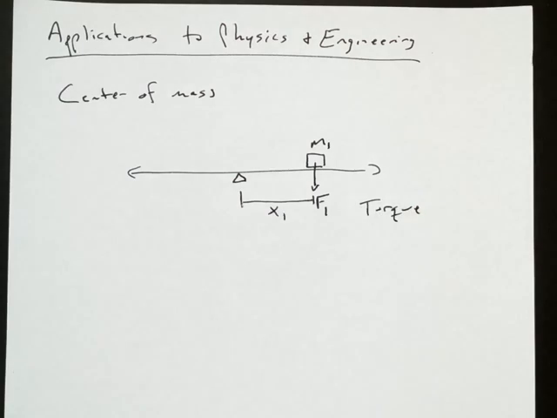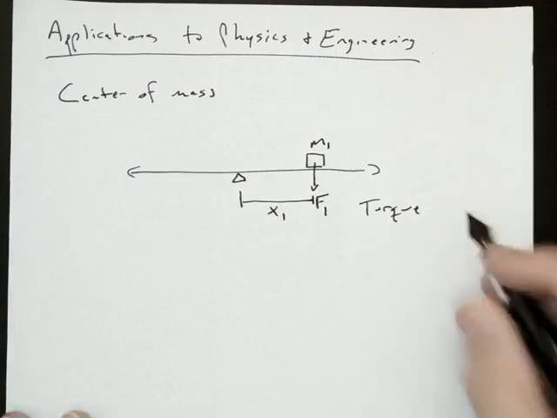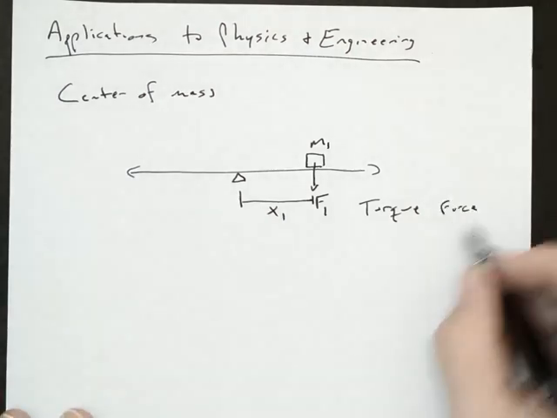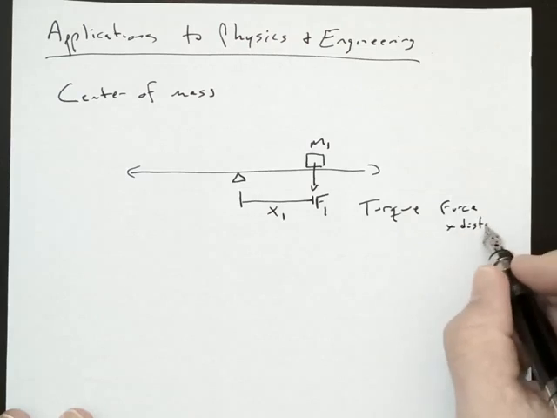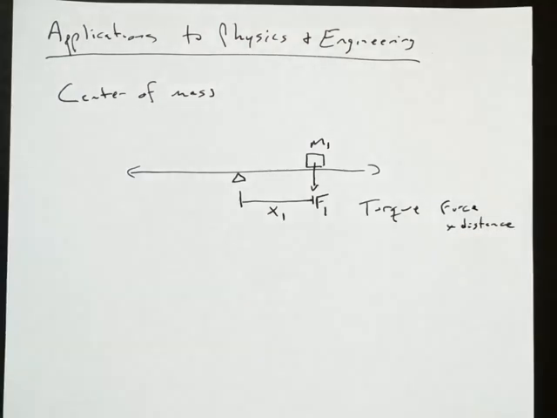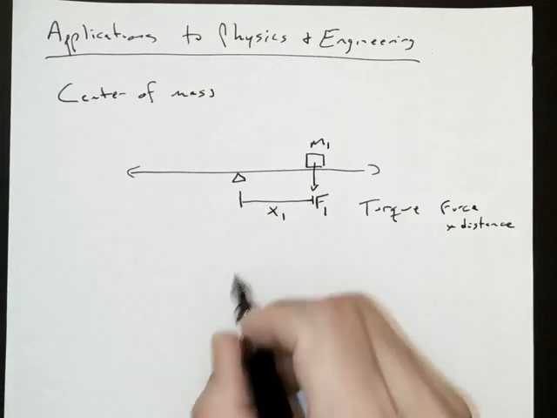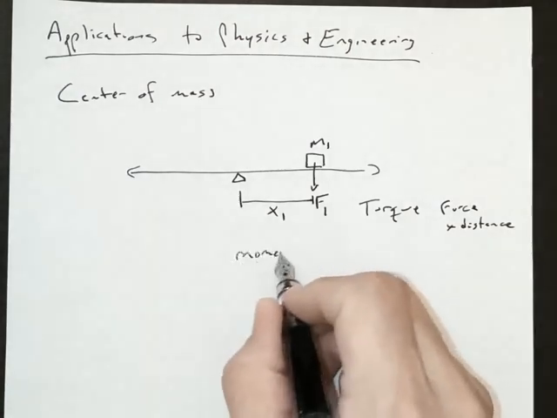And torque is the force times the distance. But it's easier to think of in terms of the mass and the distance. So instead of thinking of just the torque, let's think of the moment of the torque, which is mass times distance.